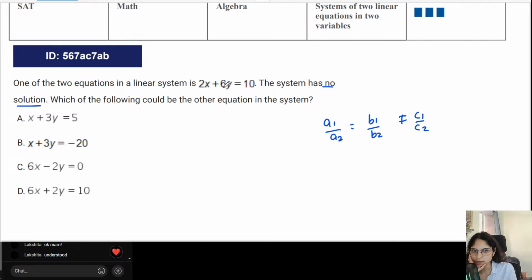Now you have 2x plus 6y, so we can divide this entire thing with 2. All three should have the same, like these two x and y should have the same signs because they're going to be the same. So this thing is not going to work. And if you divide with 2, you will get x plus 3y equals 5. So this can't be 5, anything other than 5.